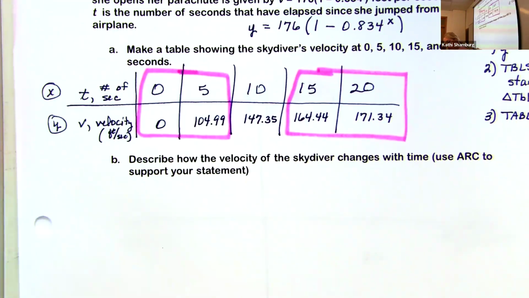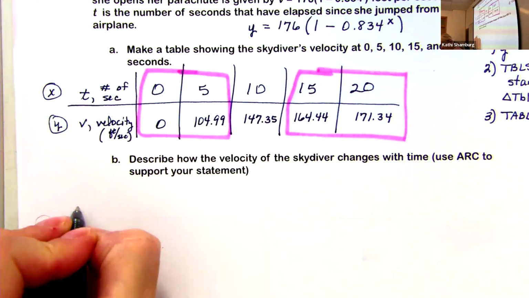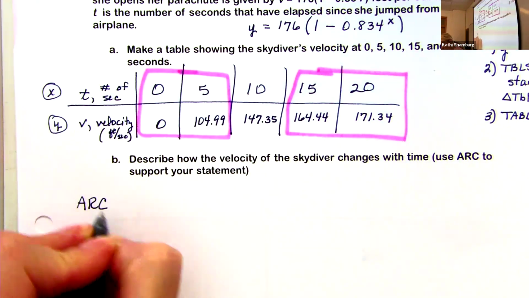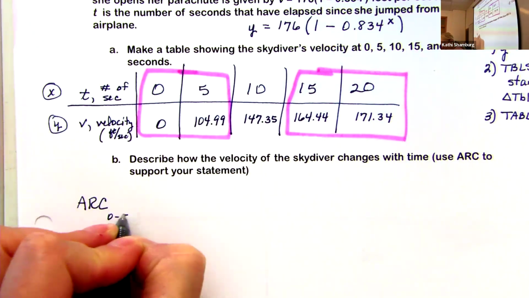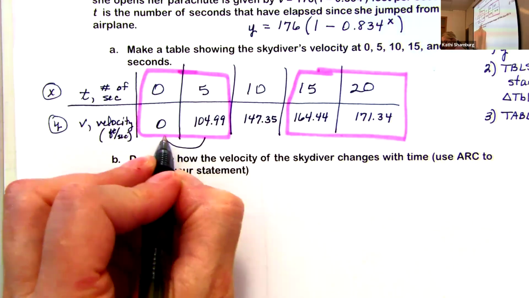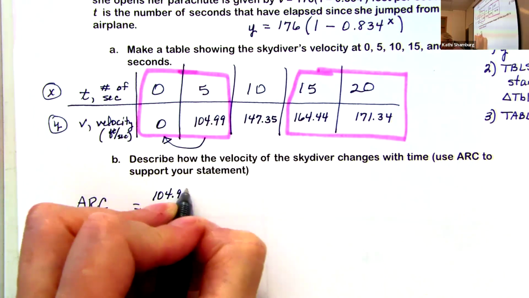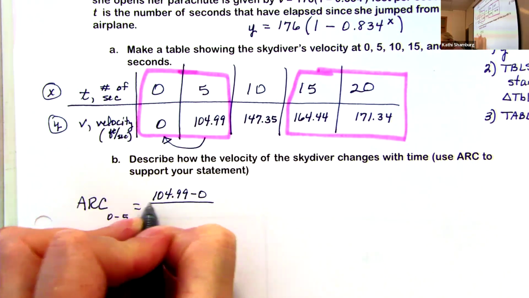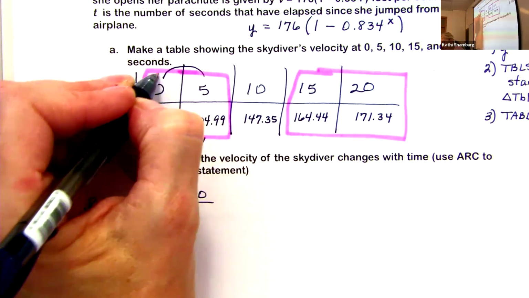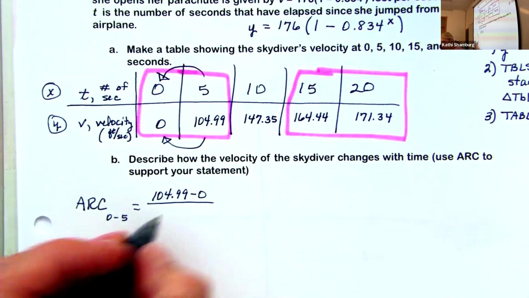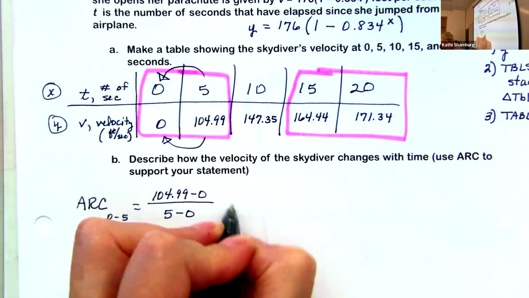So I'm going to do the average rate of change from 0 to 5. It's the difference in your function, 104.99 minus 0 over the change in your variable, 5 minus 0.